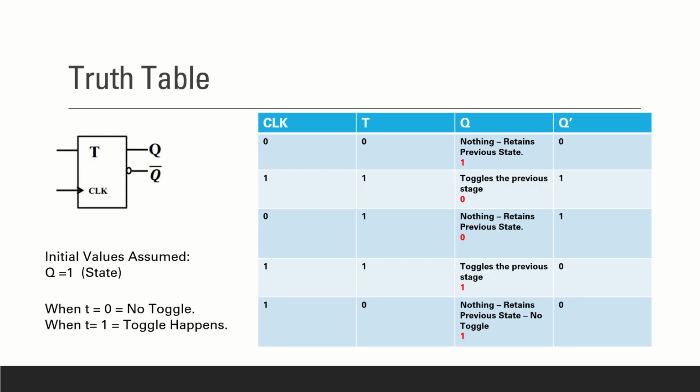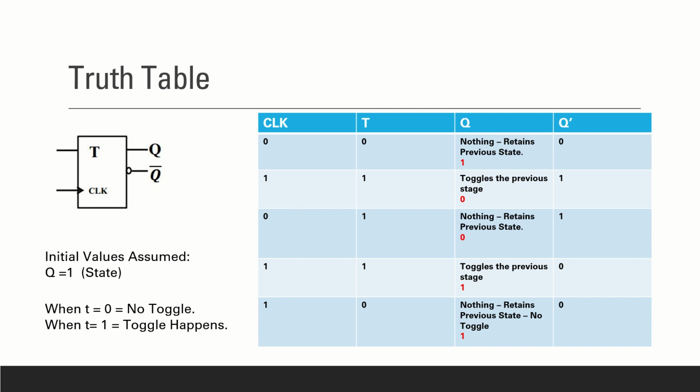Let's go ahead with the truth table and understand how exactly the T flip-flop works. I am assuming the initial state as Q equal to 1, and that will help me in the further process throughout the session. So remember it. When the T bit is set to 0, there will not be any toggling.